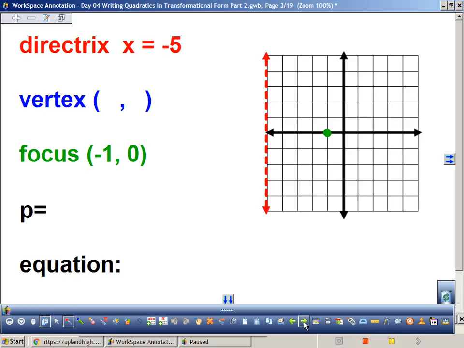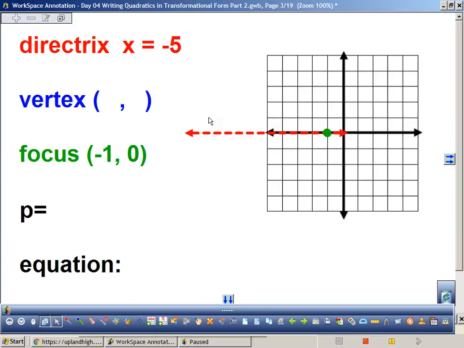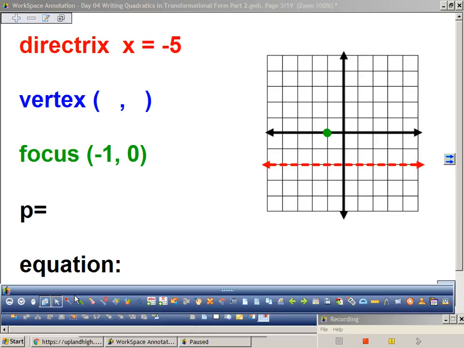All right, so here's my challenge to you. I'm going to give you the Directrix, which is x equals -5. We've normally had Directrix as y equals, correct? Oops, moving my graph. But this time, I gave you the focus but no vertex.